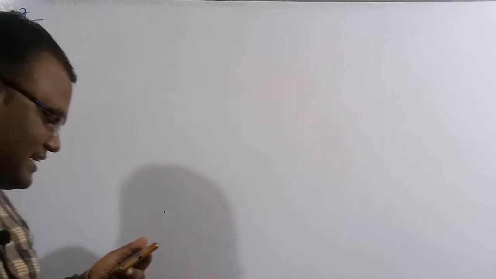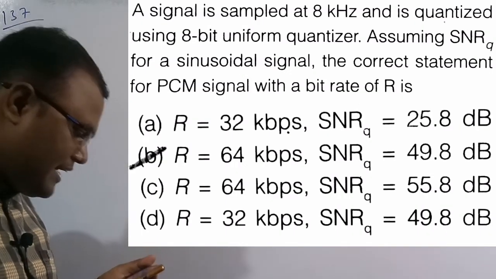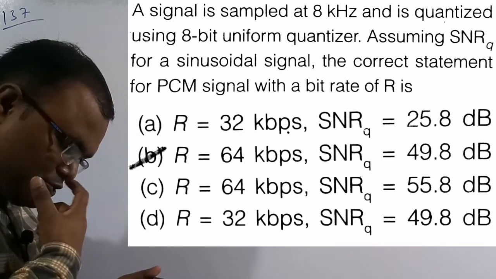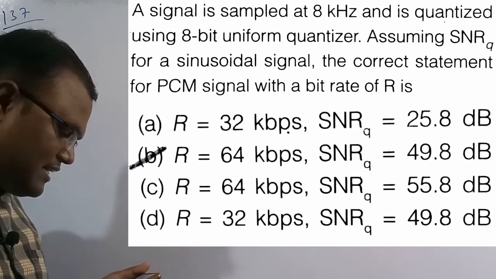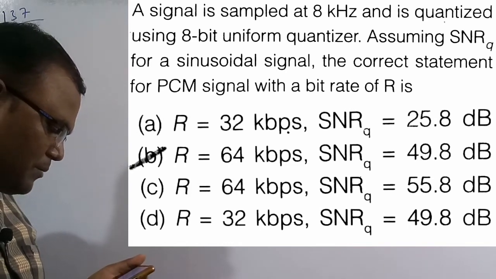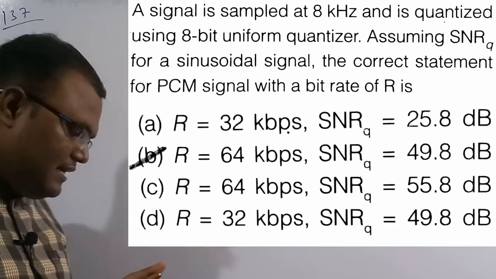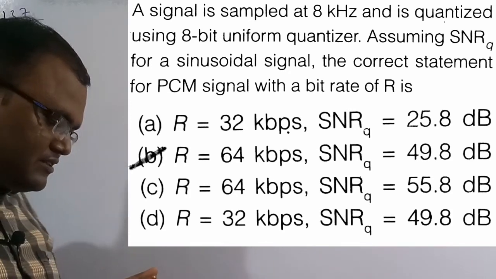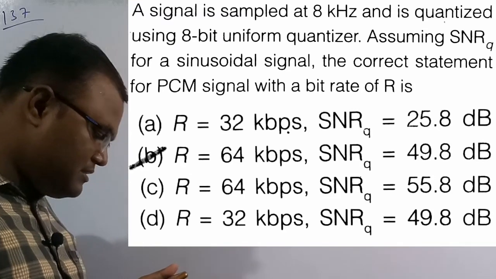Now we are going to solve the 137th question. A signal is sampled at 8 kHz and is quantized using an 8-bit uniform quantizer. Assuming the signal to quantization noise ratio for a sinusoidal signal, the correct statement for a PCM signal with a bit rate of R is? In this question the sampling frequency is 8 kilohertz, and the number of bits used in this PCM is 8.